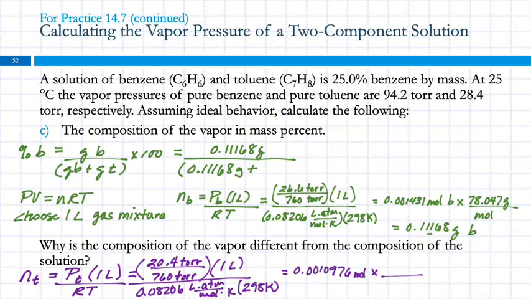And I need the molar mass of toluene again, 92.06. So I've got my moles times 92.06. And this gives me 0.10105 grams.